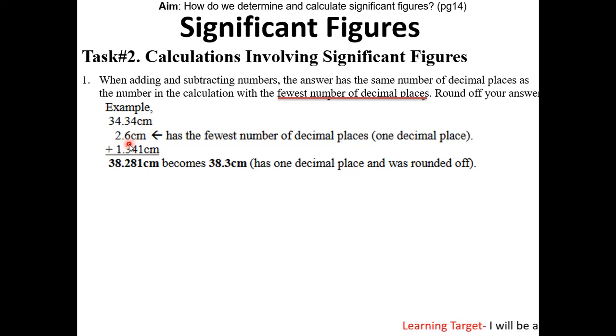So if you look at 2.6, it has the fewest number of decimal places. It has 1 decimal place. So your final answer must have 1 decimal place. So you round this answer to 1 decimal place. So for addition and subtraction, it depends on the fewest number of decimal places.